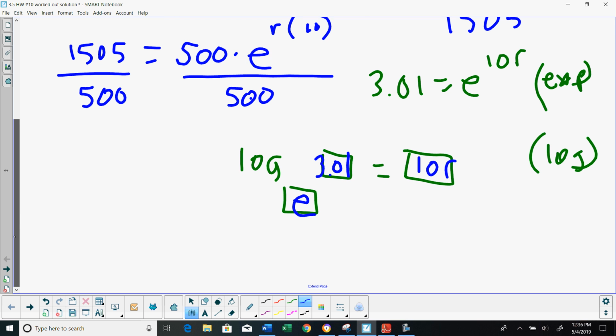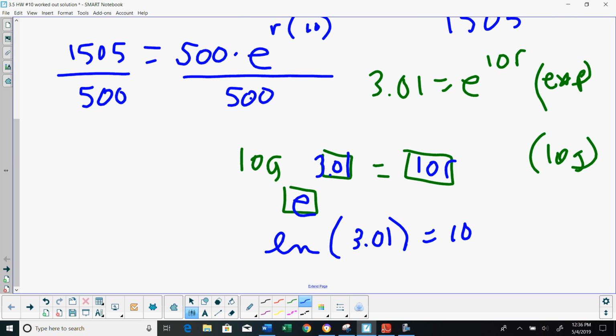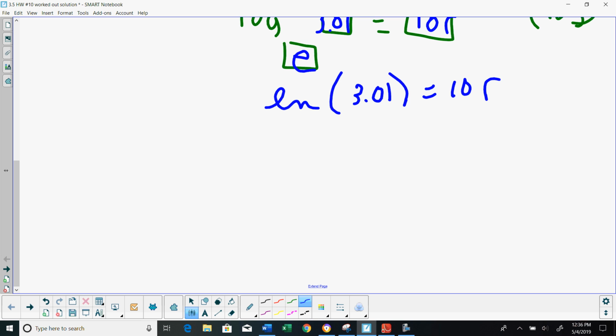And log to the base e is really ln. So ln of 3.01 equals 10r, and to solve for r, I just need to divide both sides by 10.